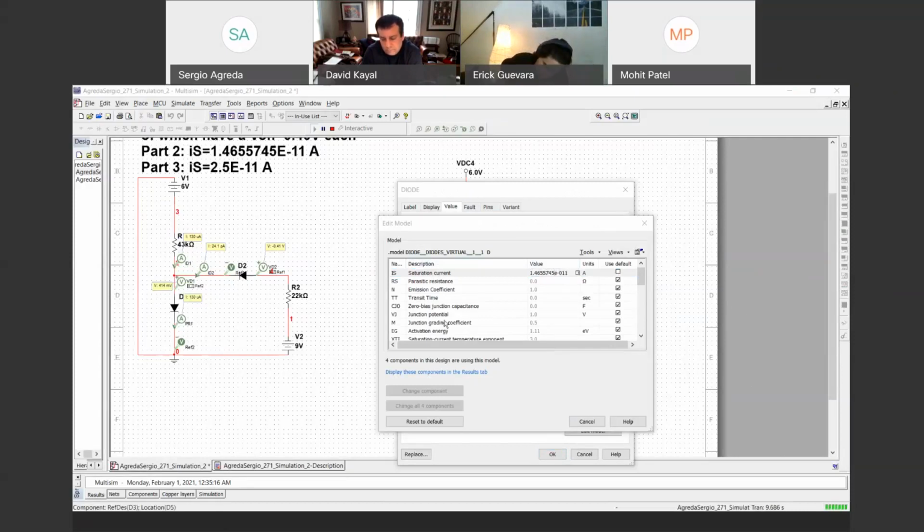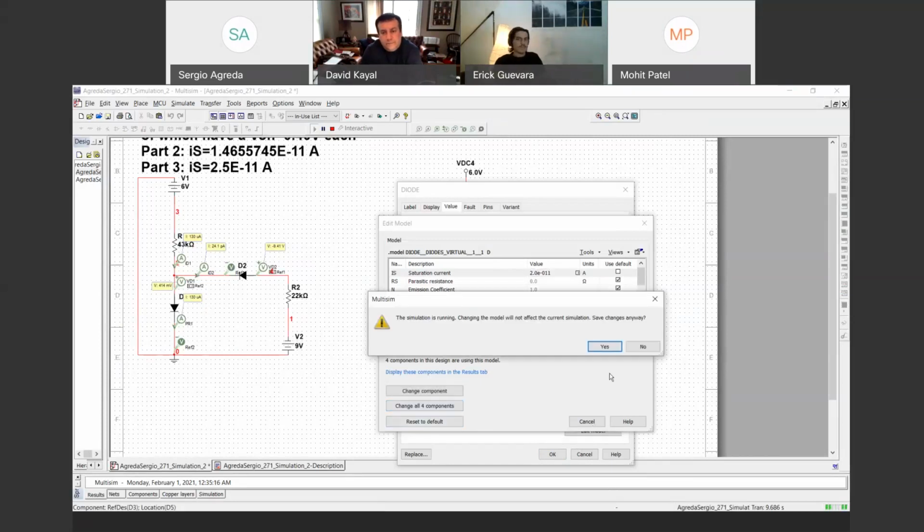Let's increase it to 2.0. So we're increasing the saturation current of all the diodes.